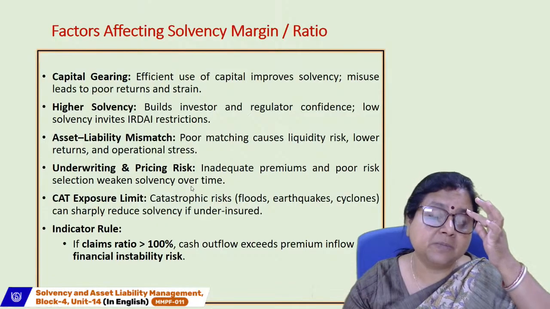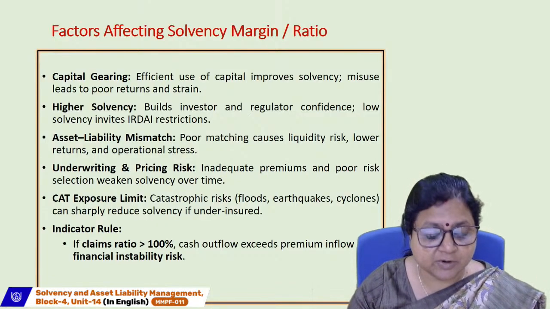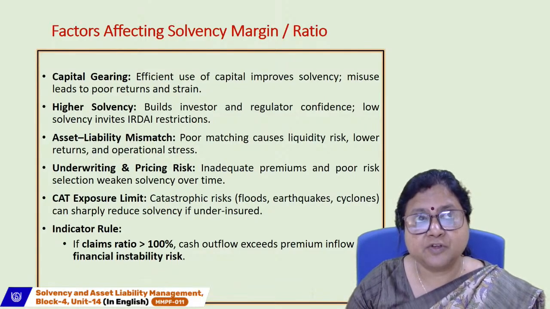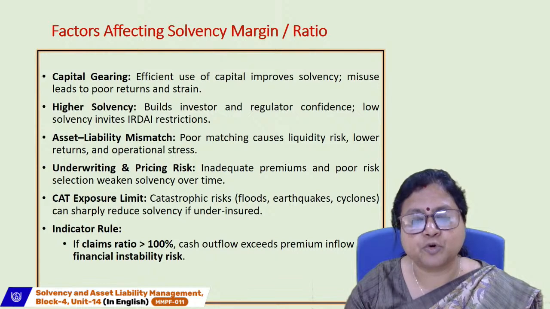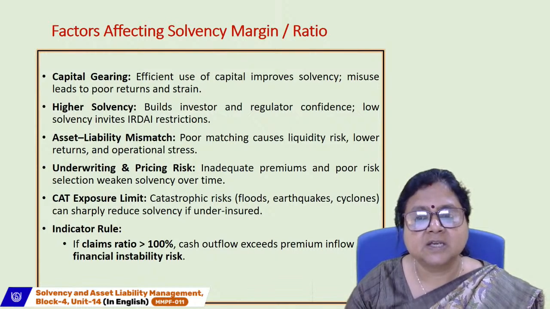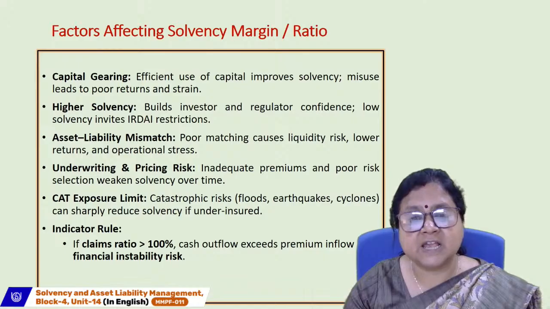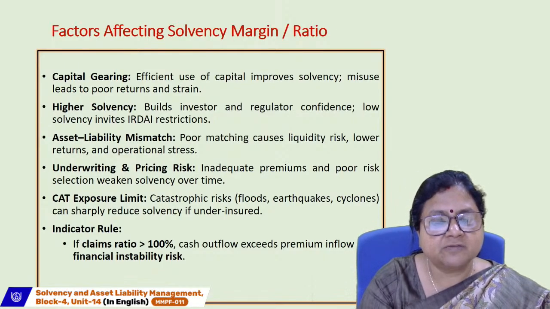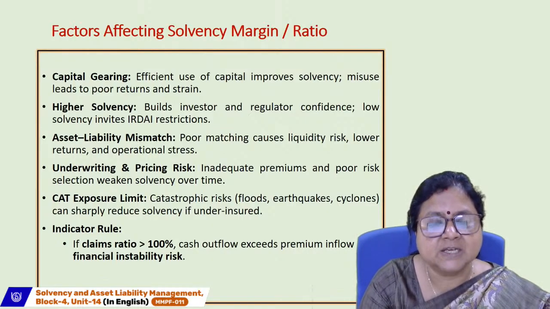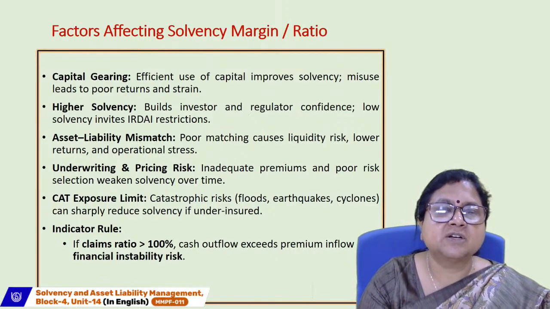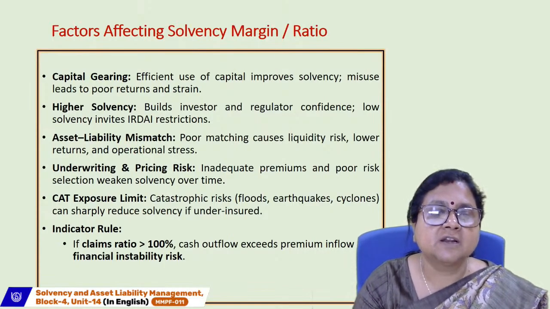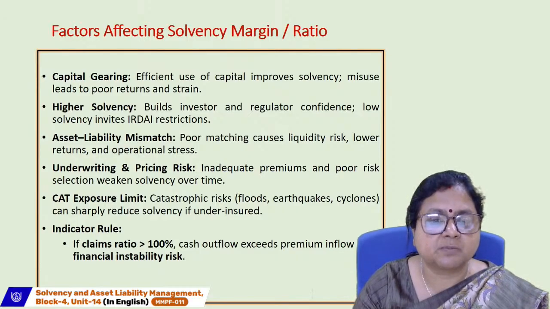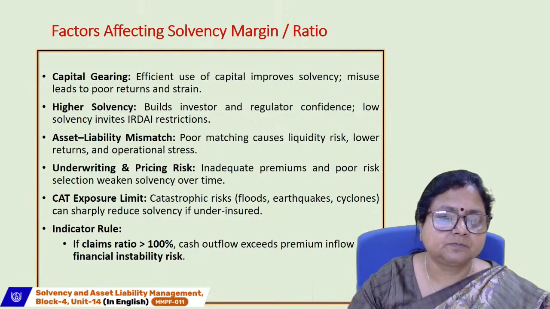Inadequate premium means, when you are pricing the insurance policy, if you are not fixing the premiums at appropriate rates, then obviously, when the claims are settled in terms of sum assured, if the pricing is not done properly, the financial strength of the insurance company will be reduced.